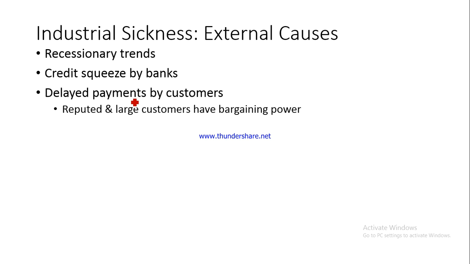The large scale industries simply don't make payment promptly for the items that they have bought, and because of this, the firms selling to them are not able to get paid promptly, and they will have to rely on a higher working capital.